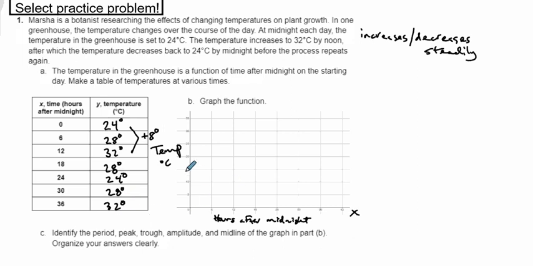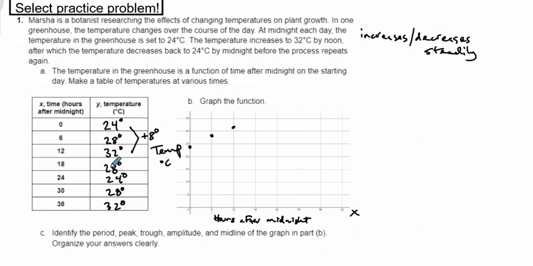Let's graph this now. We're starting at 0 and 24, which puts us about right here. At 6 hours, that puts us at 28, a little lower, about right here. 32 degrees at 12 hours, so we're going a little higher here.